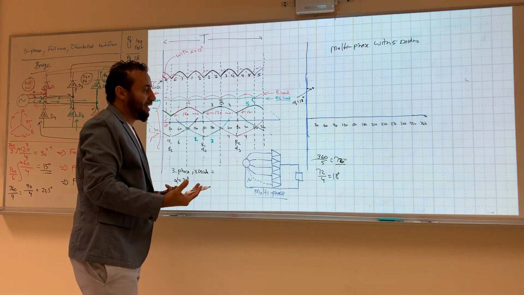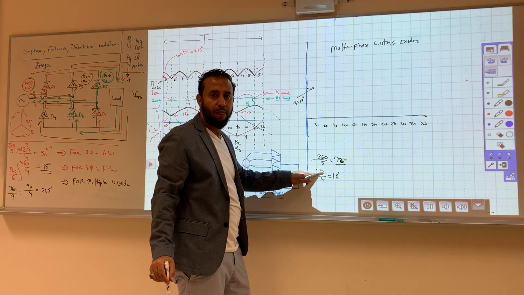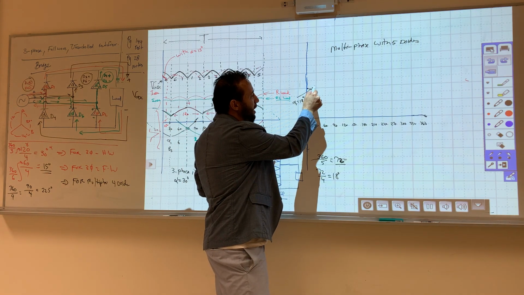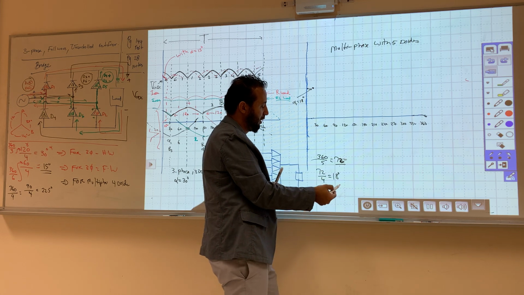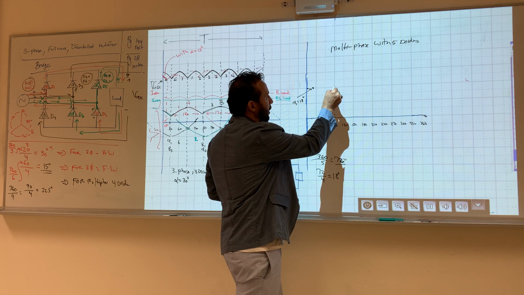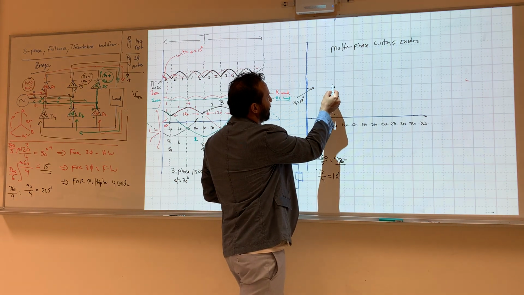Then, how much is my conduction angle? My conduction angle is 72. So you add from 18 and 72, 90. Okay? So 90 here. So my peak will be right here.